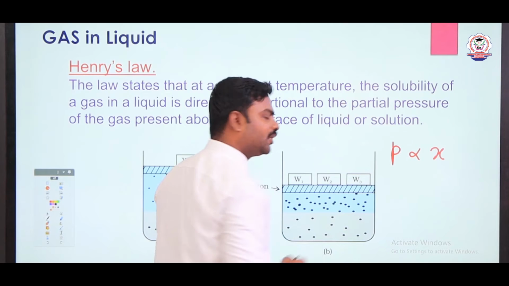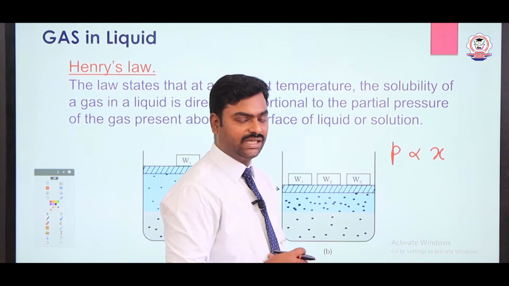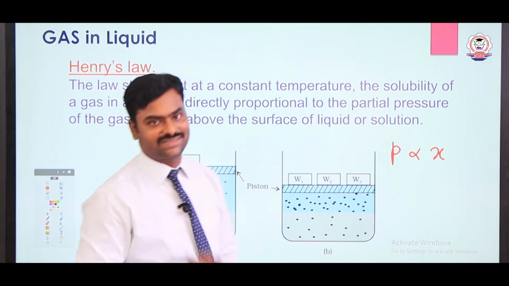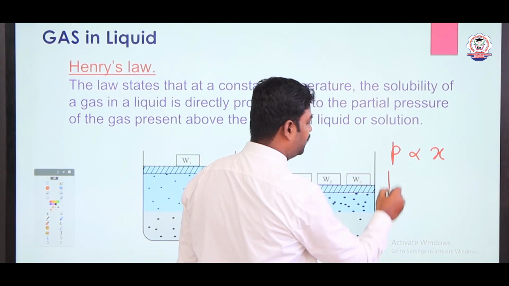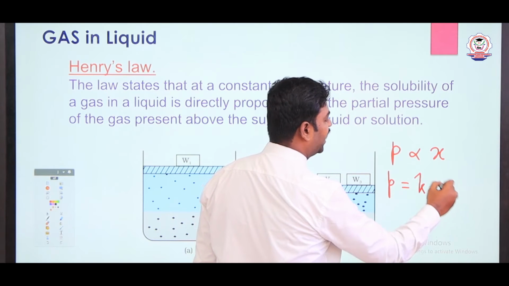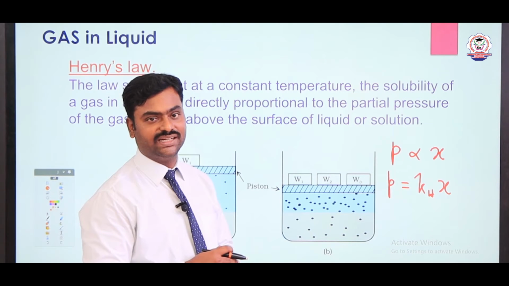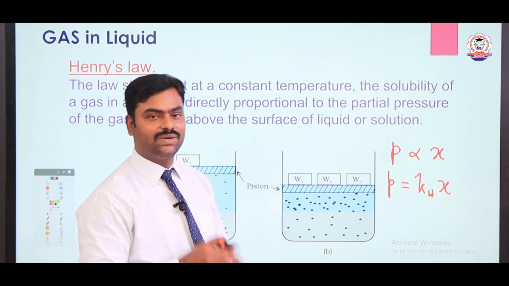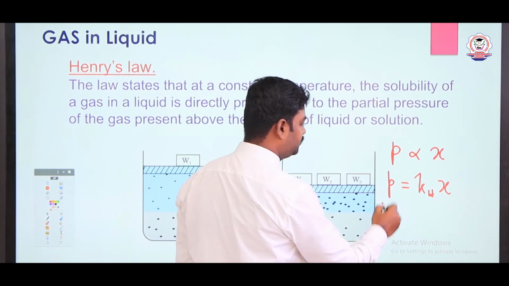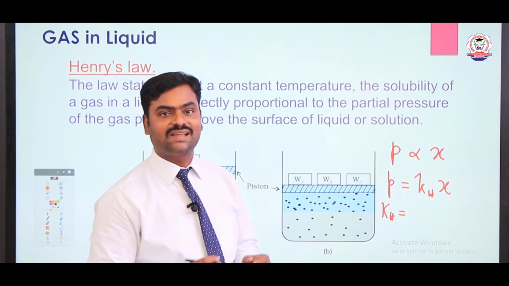Now we can equate. When you want to equate these quantities, we have to introduce a constant. So P is equal to KH into X. The constant we are introducing here is KH. What is KH? KH is called Henry's law constant.